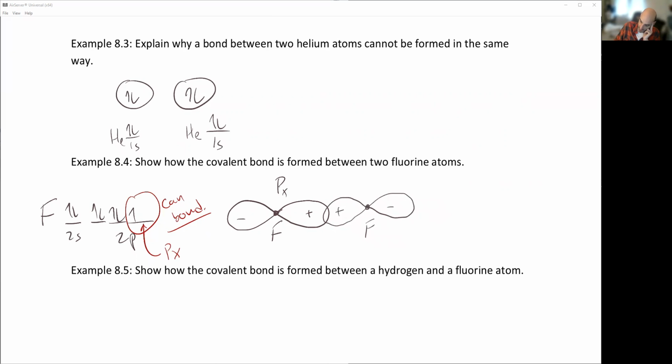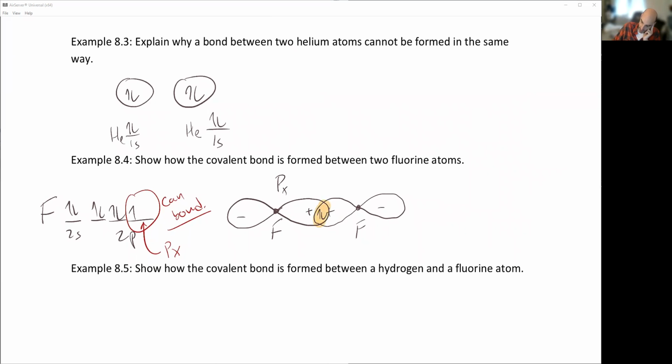When I bring this together, we're going to have overlap here, and we're going to be able to create that bond. One electron, two electrons. Again, this overlap is positive, resulting in the bond between the two of them.